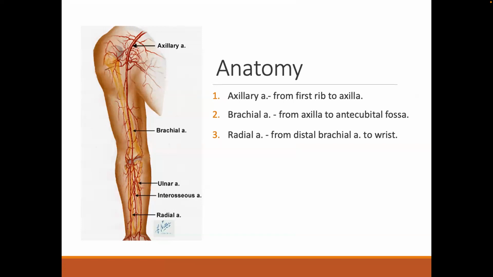It ends when it becomes the brachial artery at the outer border of the teres major muscle, which, as far as I can tell, is right around this area. So that's where it becomes the brachial. Around this muscle.